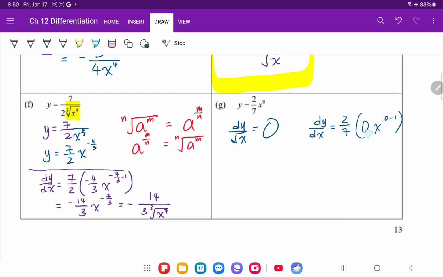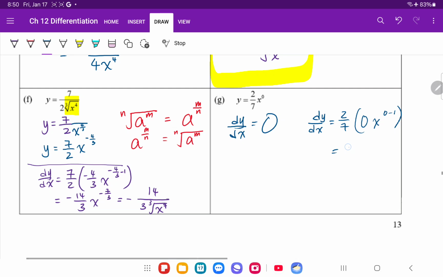But what is 0 times everything else? It is just 0. Now at this point, do you also realize that 2 over 7 times x power 0, this part is 1, this is just y equals to a constant number without x.